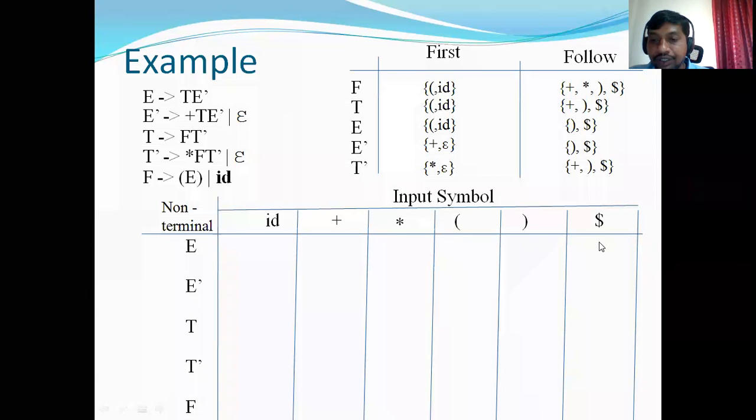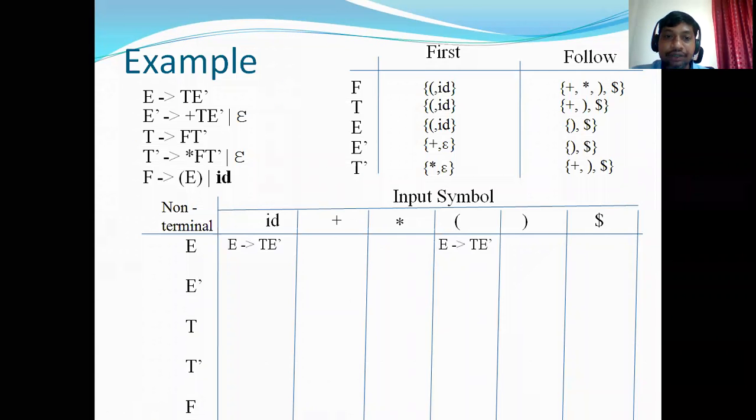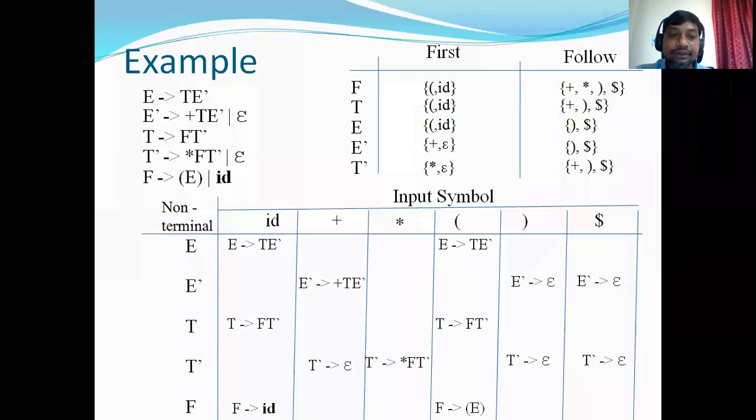Let me show you the table again. Now see the entries. E dash with close parenthesis is the null production rule, E dash derives epsilon.